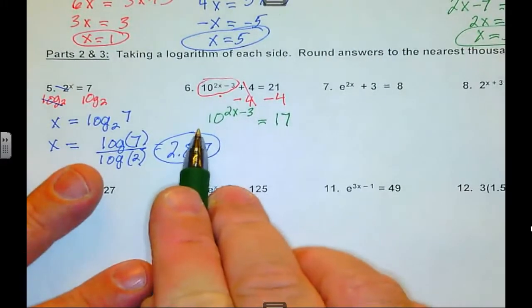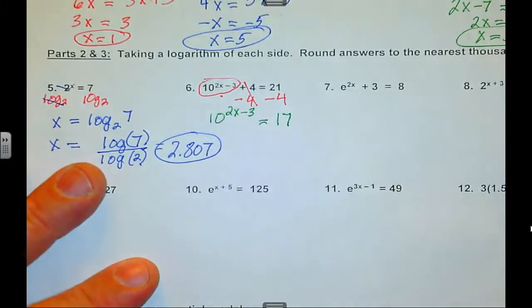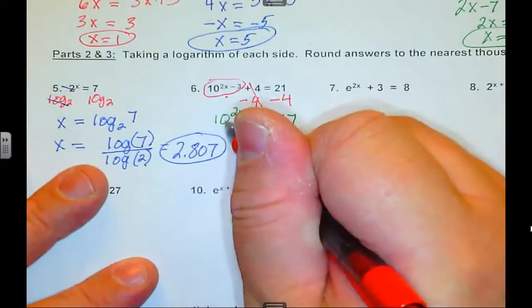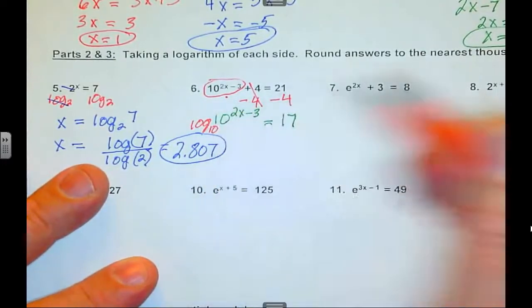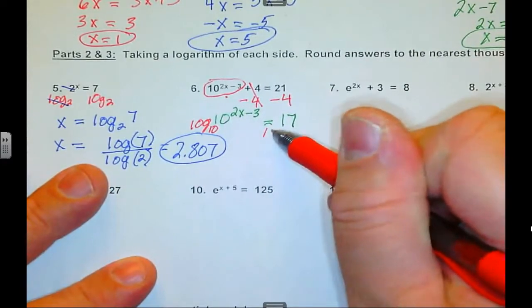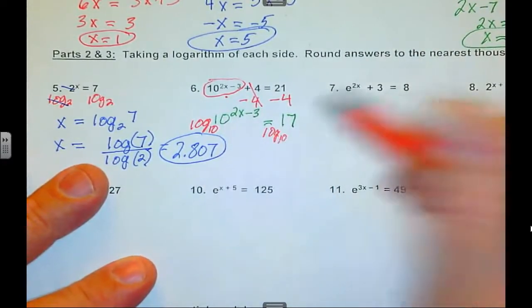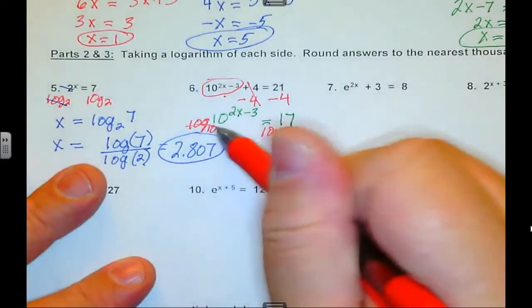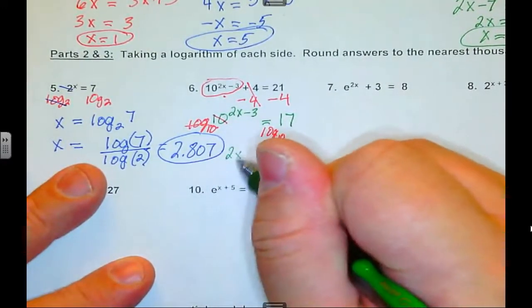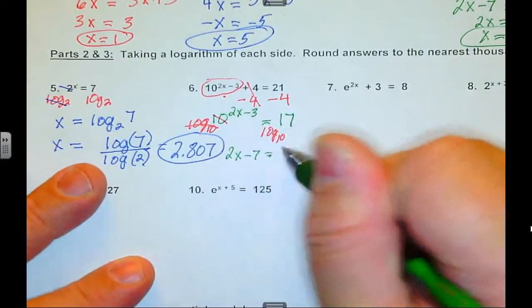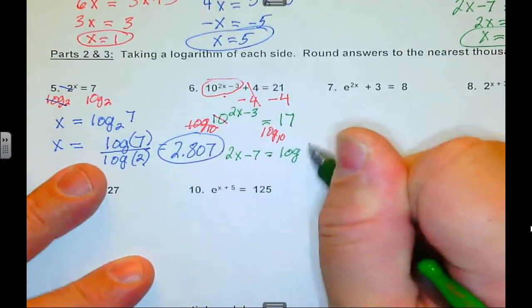This one I am going to take log base 10, the common log, because I have a base of 10. So I'm going to do common log base 10 of 17. These cancel. 2x minus 3 equals log base 10, common log of 17.